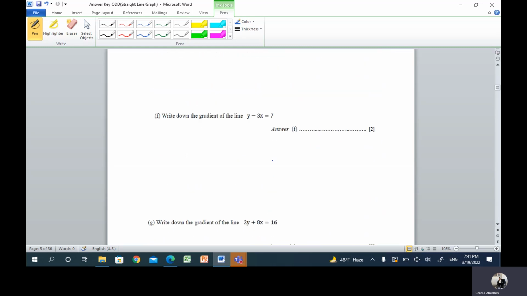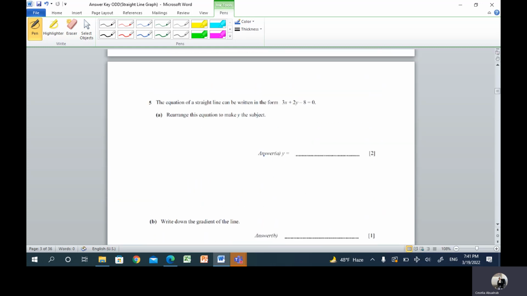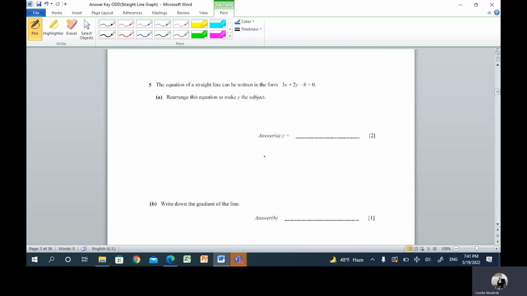Now let's go to the next question. The equation of a straight line can be written as 3x plus 2y minus 8. Rearrange the equation to make y the subject. So remember, the equation of a straight line is y equals mx plus c. We always need to make sure that every single equation is written as per the general form. So 3x plus 2y minus 8 equals 0.